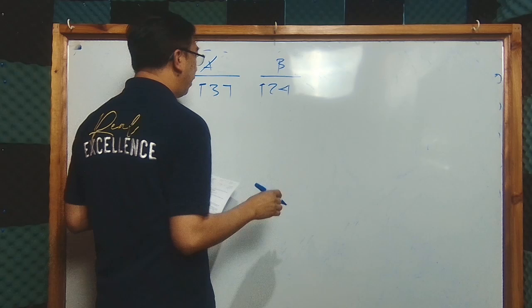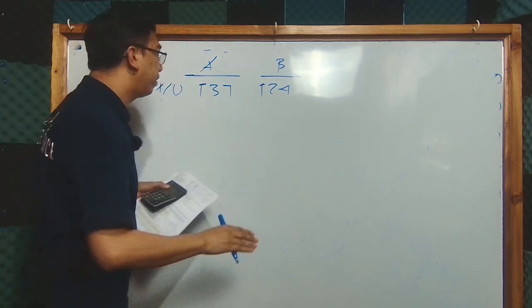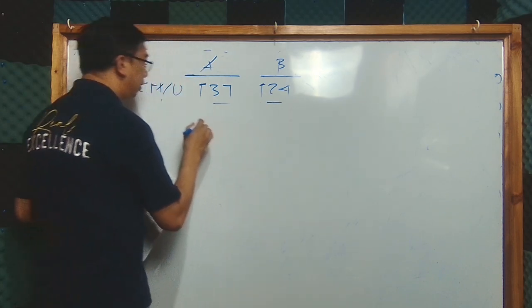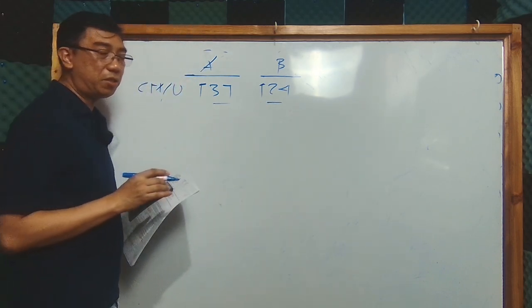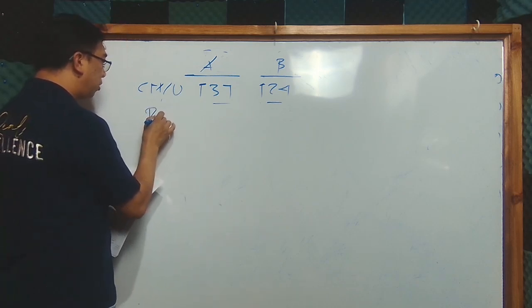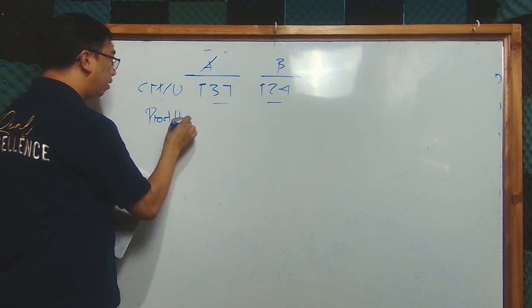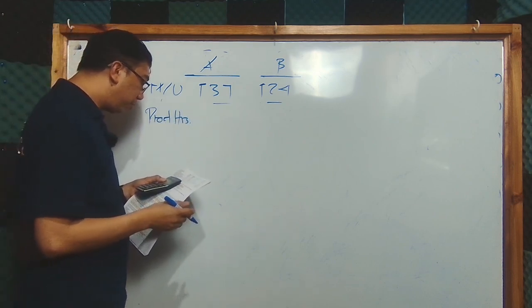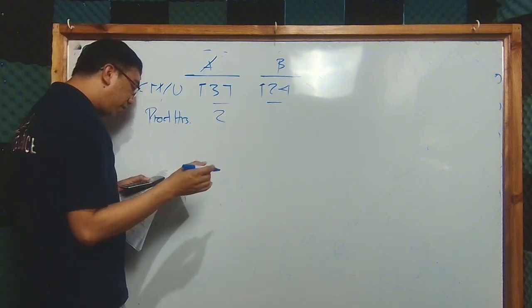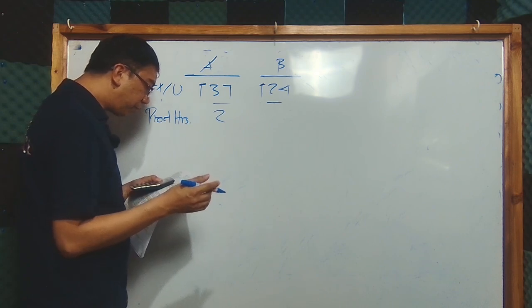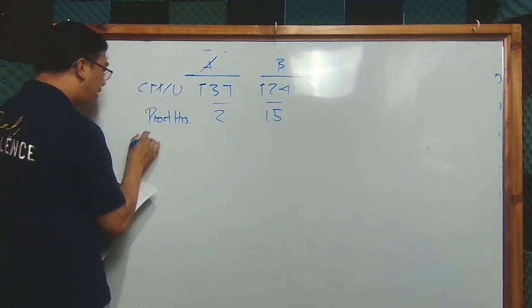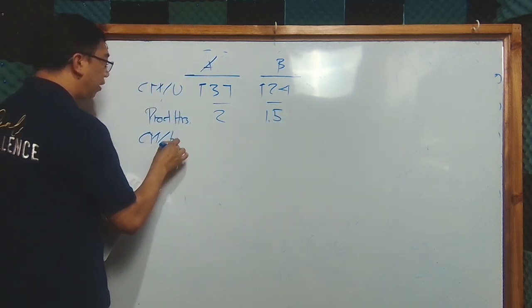Class, pag wala sanang limited resource, automatic priority natin si A. Diba? Pero, kailangan natin kunin yung contribution margin per hour. So, divide natin siya ng production hours. For product A, it will take you 2 hours to produce. Ayan. For product B, it will take you 1.5 hours to produce. So, this is now the contribution margin per hour.